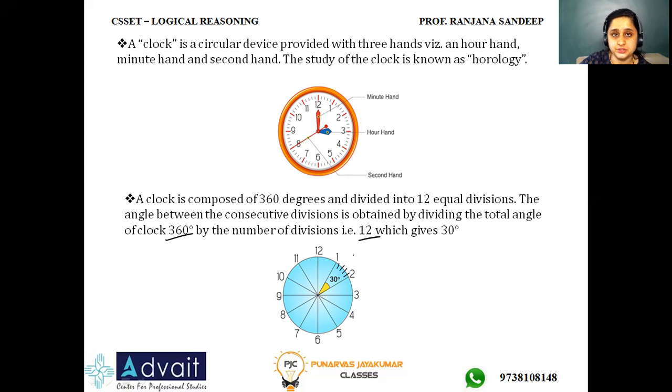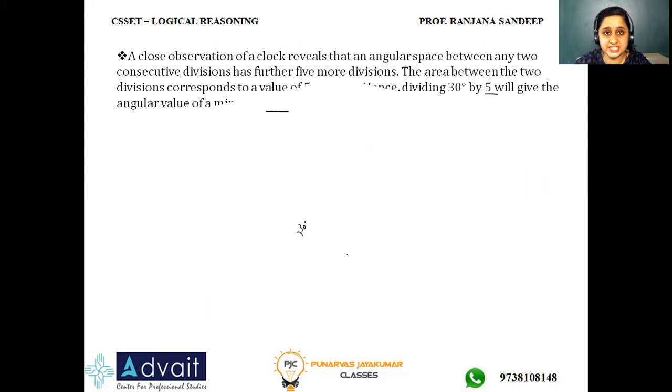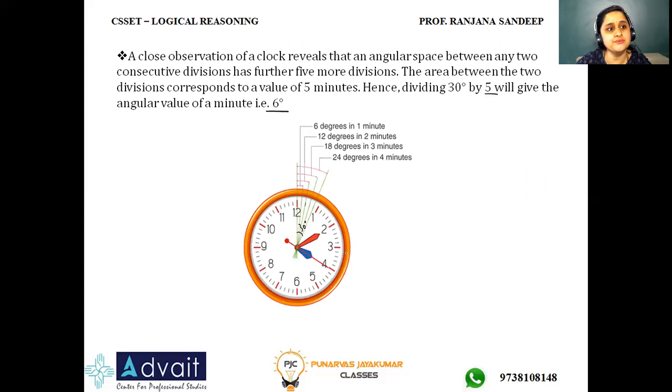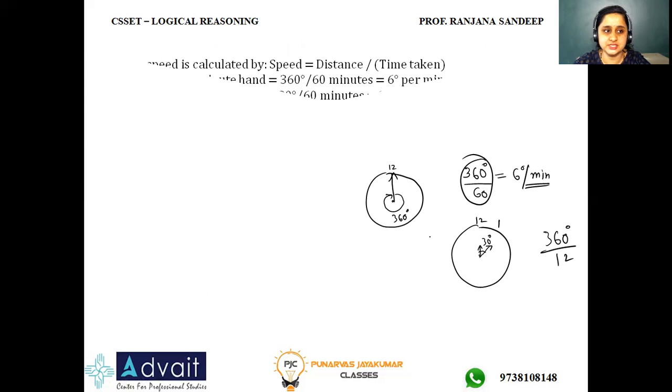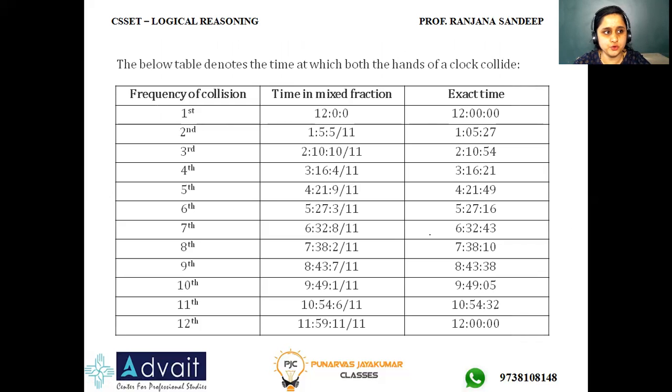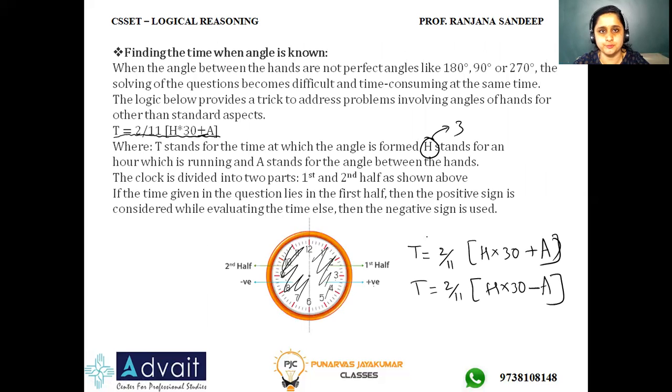So if you want to calculate the angle traced by the hour hand, the multiplying factor will be 360 by 12. If you want to find the angle traced by the minute hand, then the multiplying factor will be 360 degrees divided by 60. So just remember this. The last 4 points are very important to solve problems.